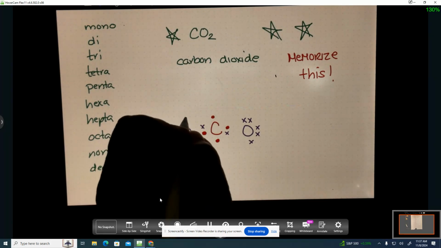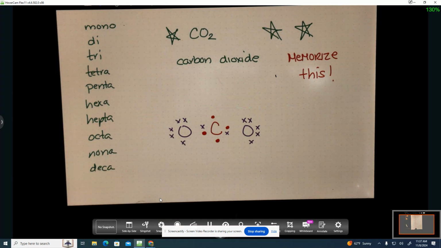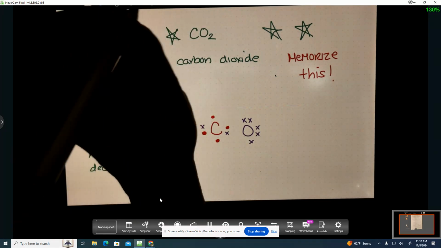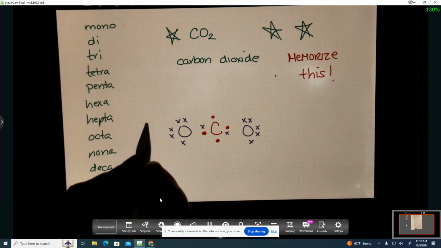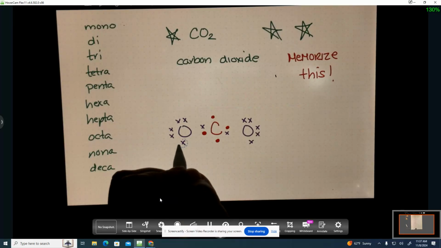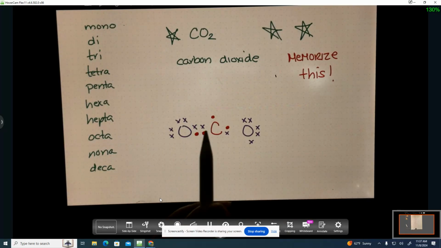Then we got another oxygen over here. Okay. You see how there's an electron that's not bonded over here, and there's another electron up here that's not bonded, and then you've got one here and one here? What's going to happen, because they haven't completed their octets, is just like in the oxygen and the nitrogen, these electrons are going to navigate their way in, and they're going to form double bonds between the carbon and the oxygen.